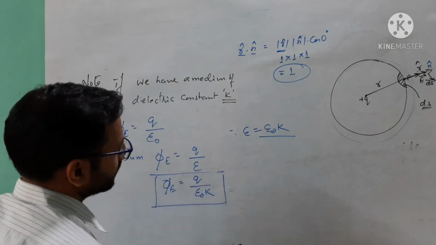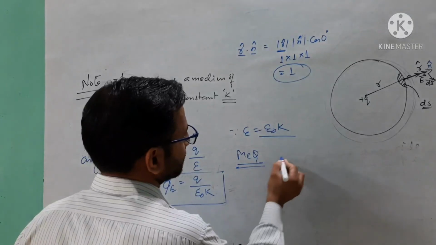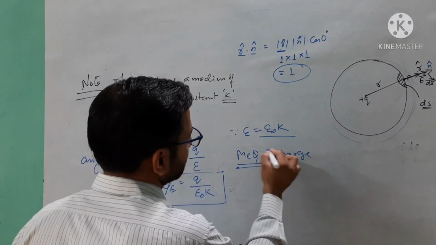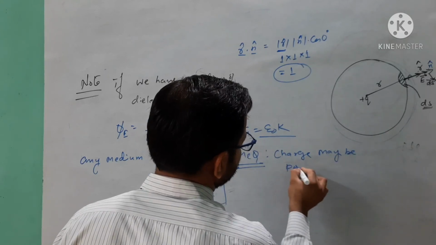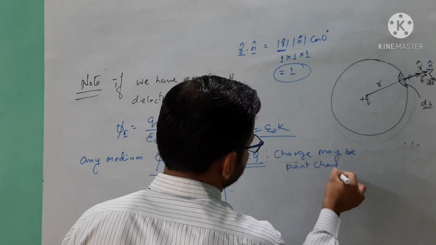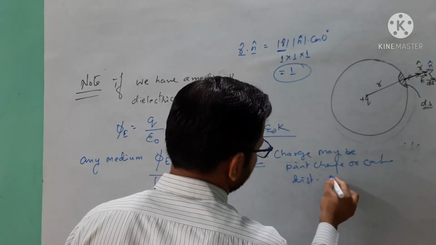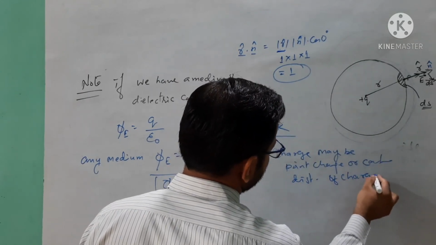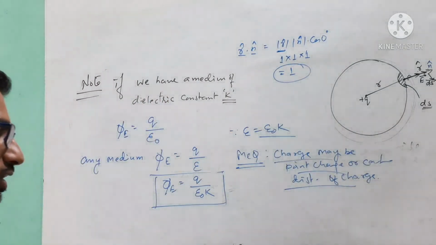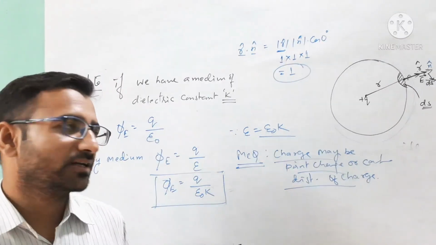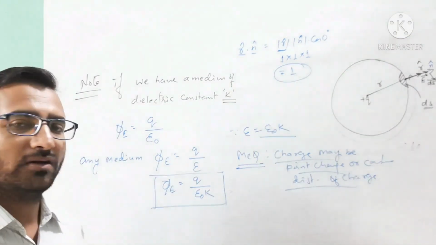And one more point, a numerical MCQ point: the charge in Gauss theorem may be a point charge or a continuous distribution of charge, to calculate the electric flux over the surface enclosed by the volume V. First is this, and second, the position of charge does not matter here to calculate the electric flux.